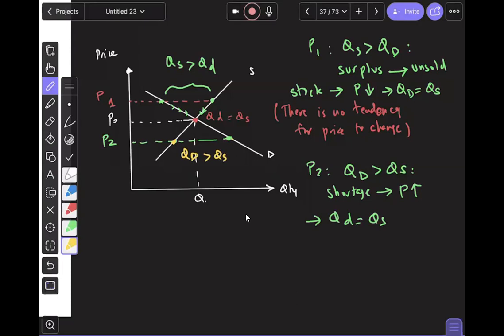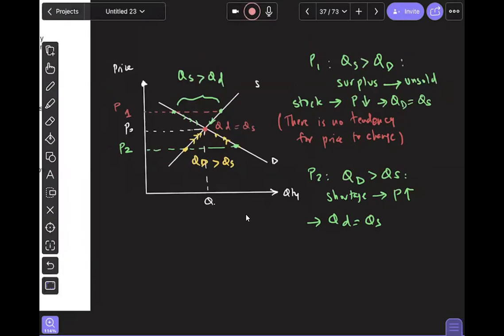So the producer will keep increasing price, until ultimately it goes back to P naught. Only at P naught is there no tendency for price to change, because QD and QS are equal. Above P naught, QS was greater than QD. Below P naught, QD was greater than QS. At P naught, they're equal.